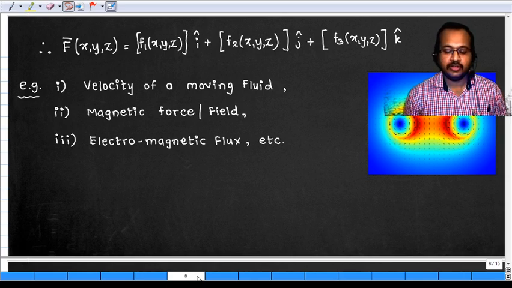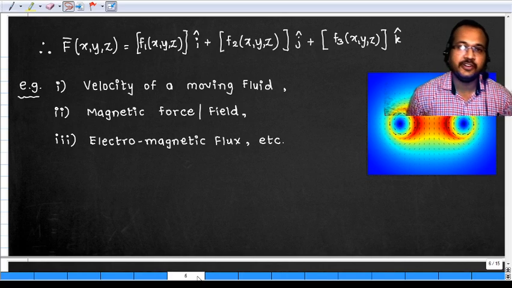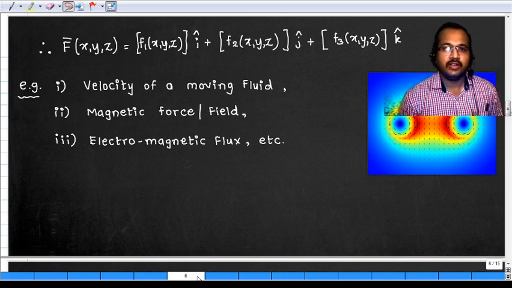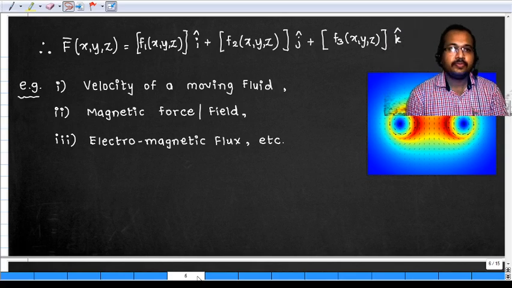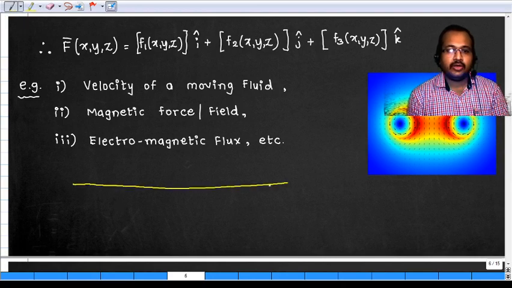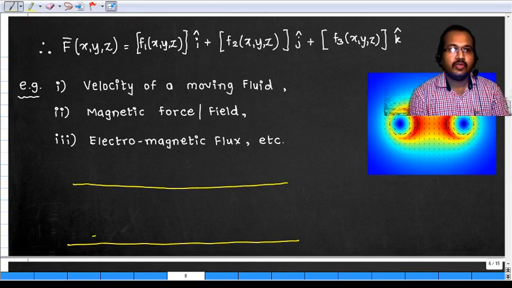To imagine examples of vector functions, we can consider the velocity function in a moving fluid. To demonstrate this, let's consider, suppose this is a bank of a river and we consider water is moving in this direction.